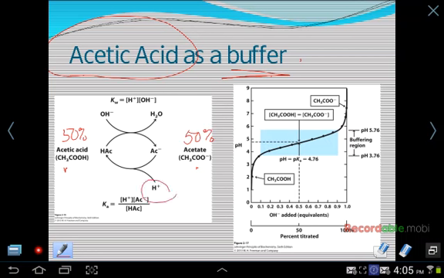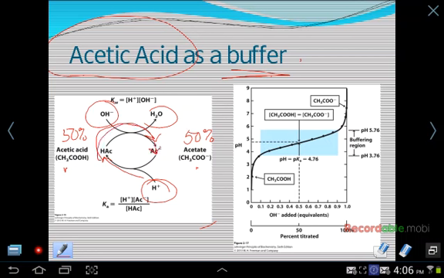If we add acid to our solution, we'll shift our equilibrium over to our acetic acid compound, which will then shift back to our conjugate base, releasing water, neutralizing that added acid. We can also do the vice versa. If we add base, we can neutralize that base using our weak acid to make our conjugate base and releasing water.